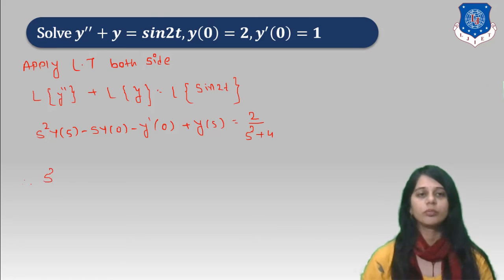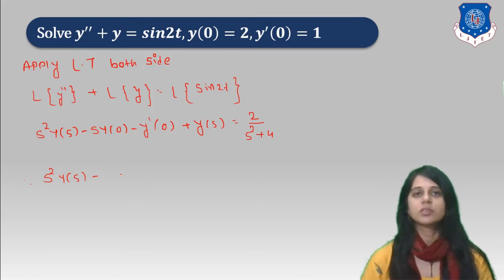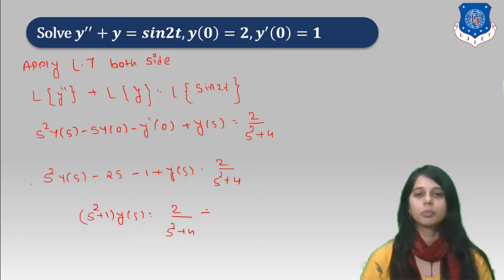Now, s square y of s minus, y of 0 is 2, so it is 2s, and y dash 0 is 1, plus y of s equal to 2 upon s square plus 4. So we get s square plus 1 into y of s equal to 2 upon s square plus 4 plus 2s plus 1.